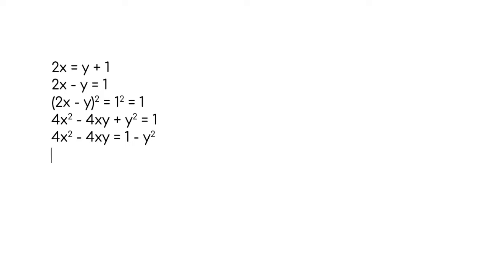Now we can factor both sides actually pretty well. We can factor the left side as 4x times x minus y, or we can factor the right side as a difference of squares. That would be 1 plus y times 1 minus y.